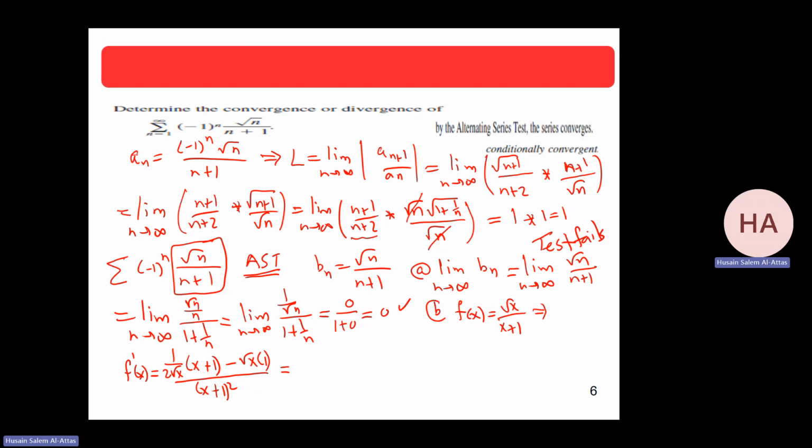If I simplify it, multiplying by 2 square root of x, that will be x plus 1 minus 2x, which is 1 minus x. This expression is negative for x greater than or equal to 1. So the function is decreasing.